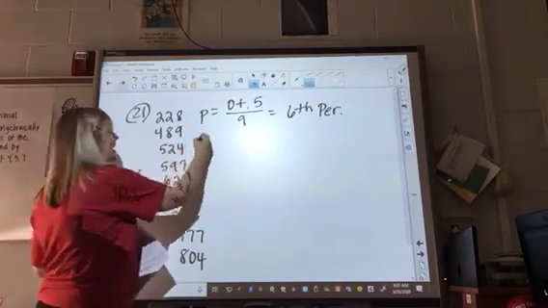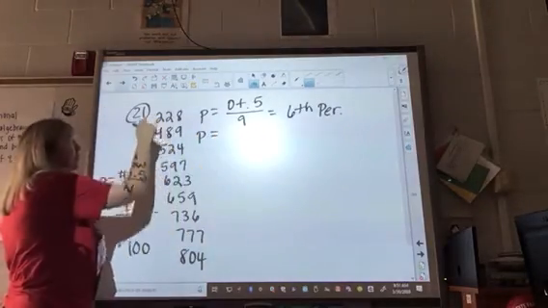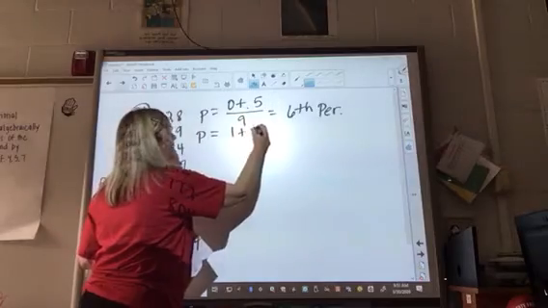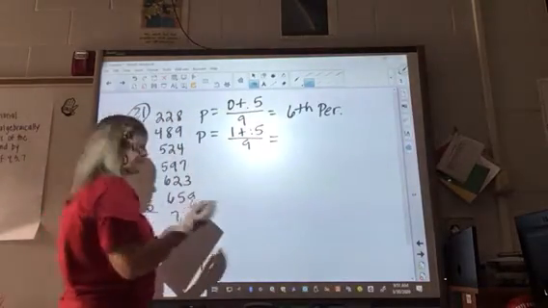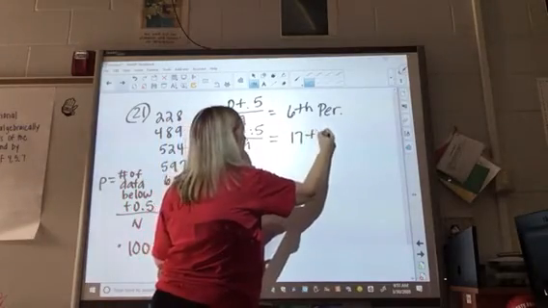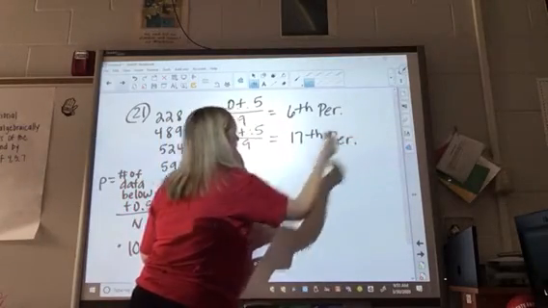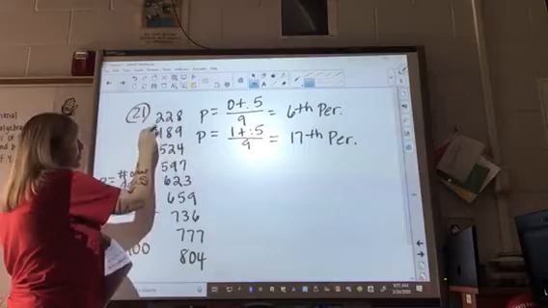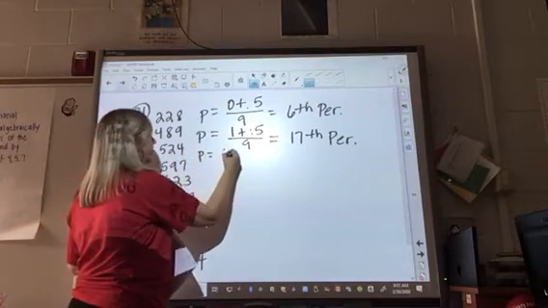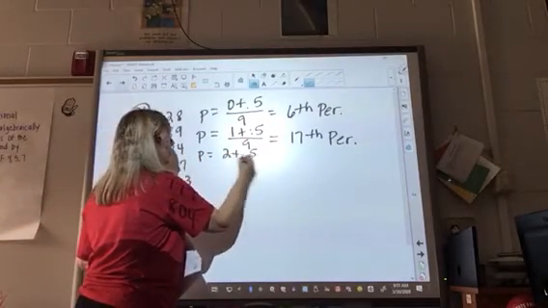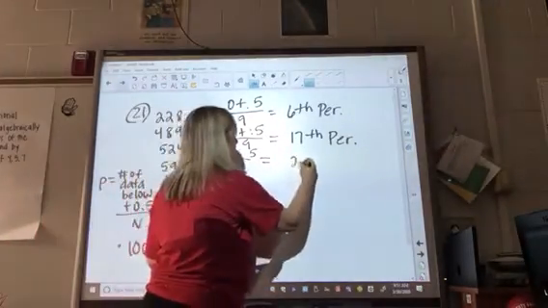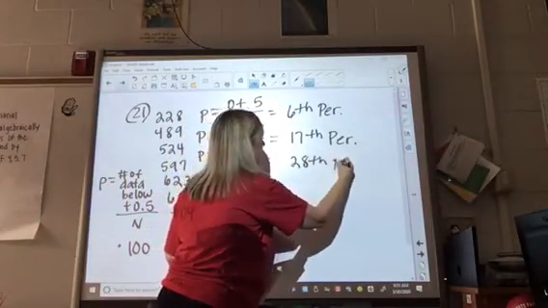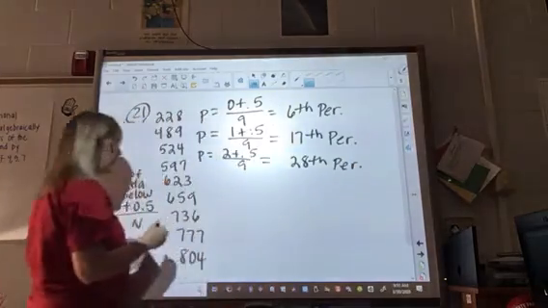If I do 489, there's one number below it. That gives me the 17th percentile. 524, there are two numbers below it. That gives me the 28th percentile. Okay, etc.